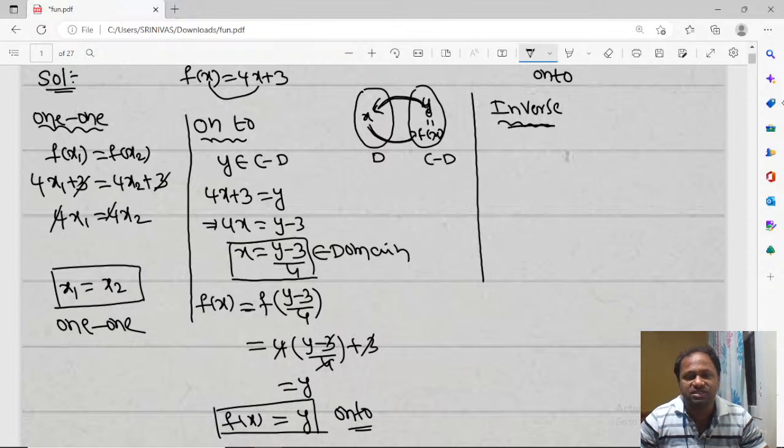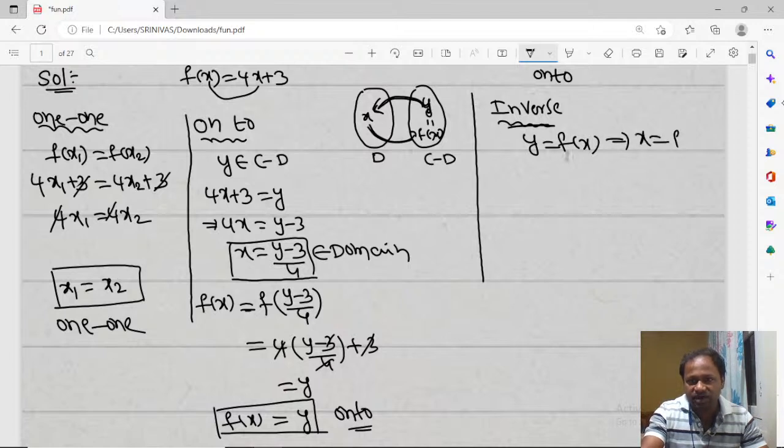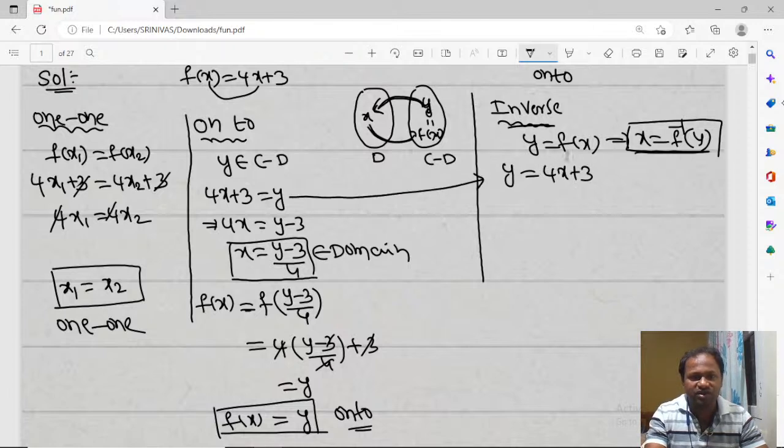We can find the inverse. So to find the inverse, I will take the same condition, y is equal to f of x. From this, x is equal to f inverse of y. Just write it aside. After getting x is equal to f inverse of y, now I will take y is equal to f of x. What is f of x? f of x is equal to 4x plus 3, as the condition we got.